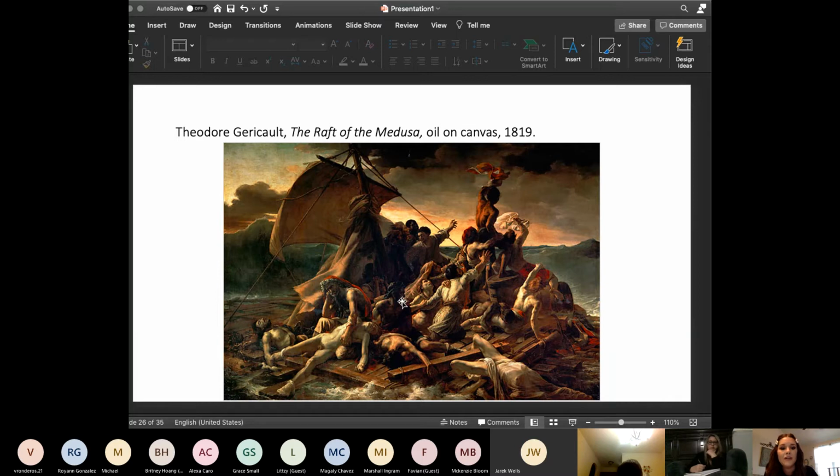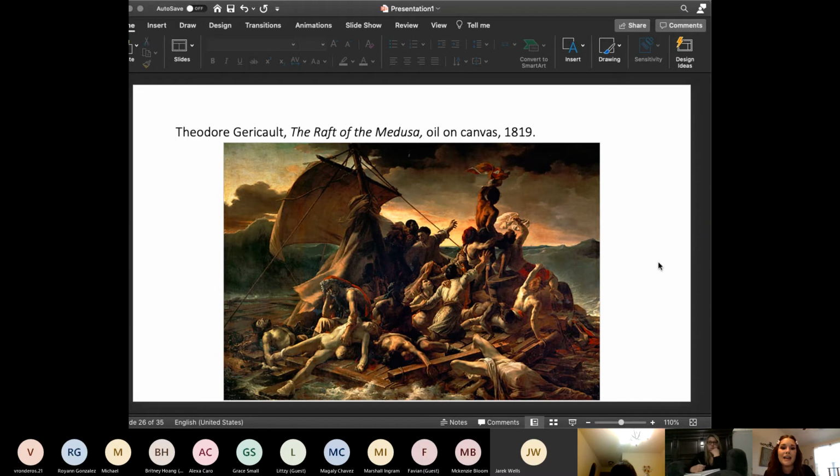If you notice, all of the lines of the painting end up taking you to him. Your eye is led from the bottom of the raft up to that flag. That being said, if you have really good eyesight, you may be able to make out the little dot right here. That is a ship.